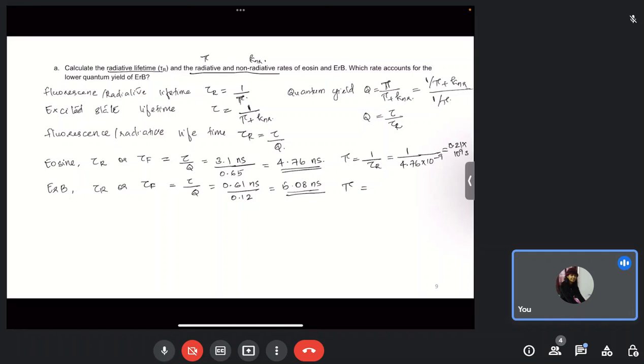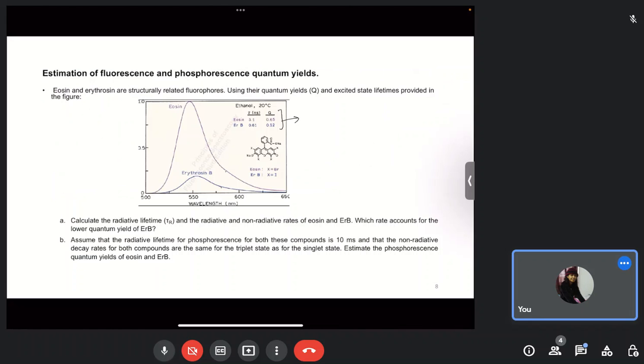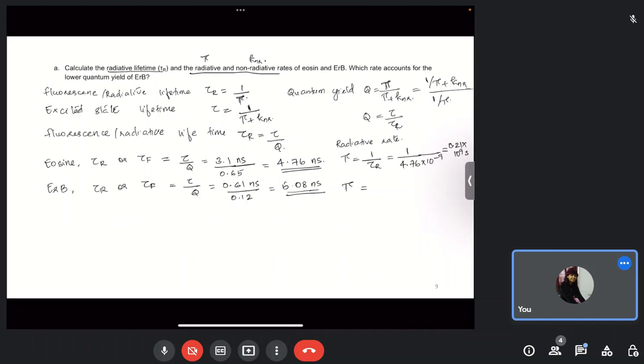Here gamma is the radiative rate or fluorescence rate constant. For erythrosin, gamma is equal to 1 by tau r, 1 divided by 5.08 into 10 to the power minus 9.